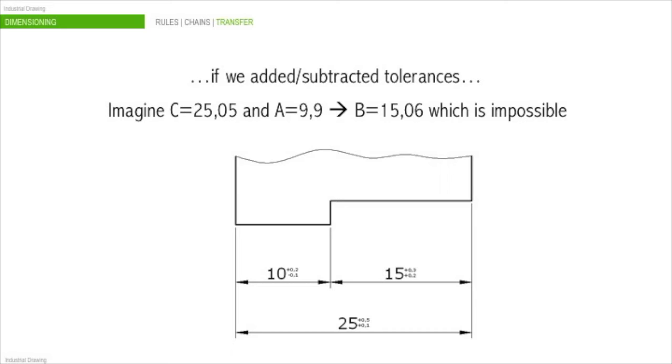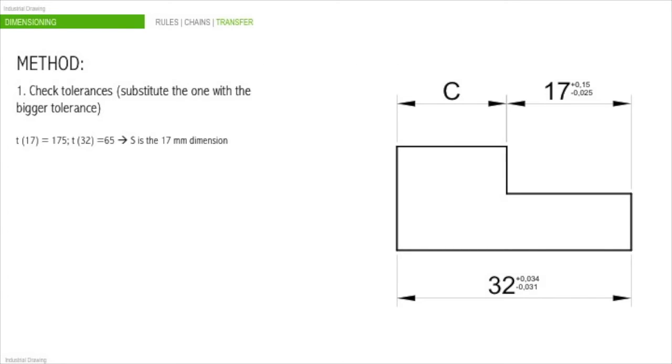Imagine C is 25.05 and A 9.9. That means B equals 15.06, which is impossible due to the tolerances given previously. So, how can we deal with this kind of problem?